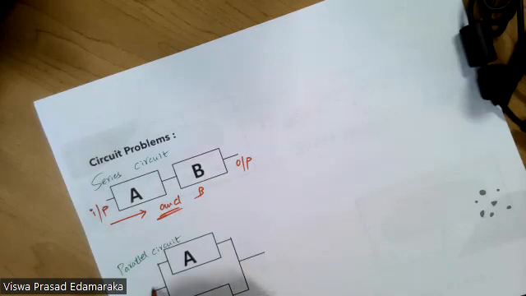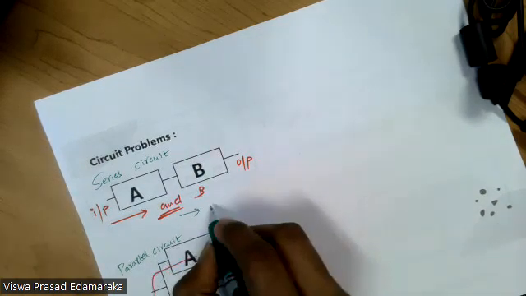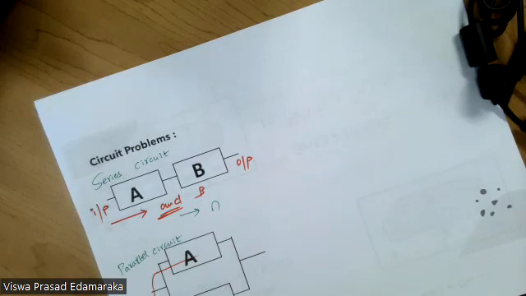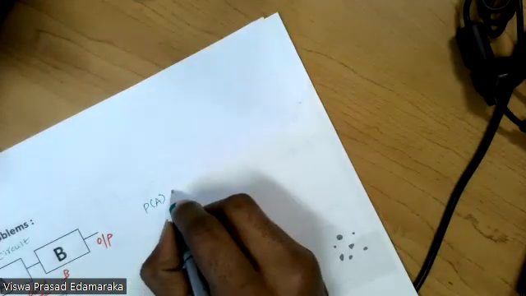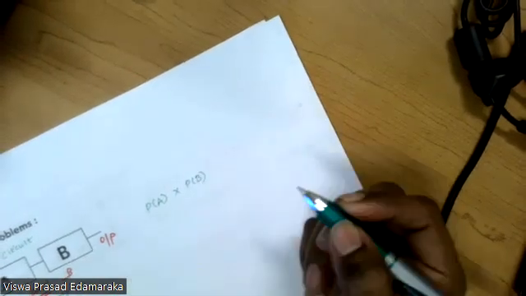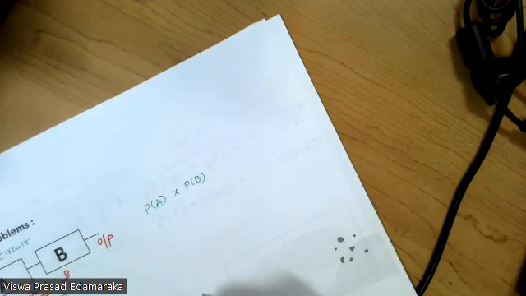Whereas here the signal can transfer through either A or B. So whenever you hear AND, that is intersection; whenever you hear OR, that is union.